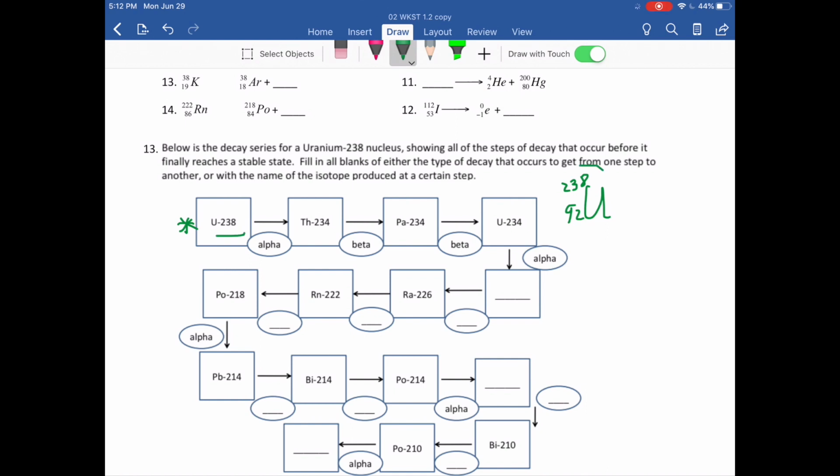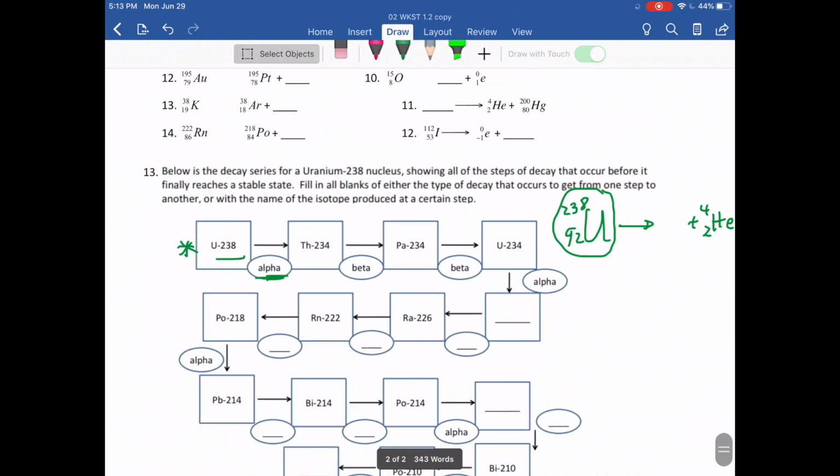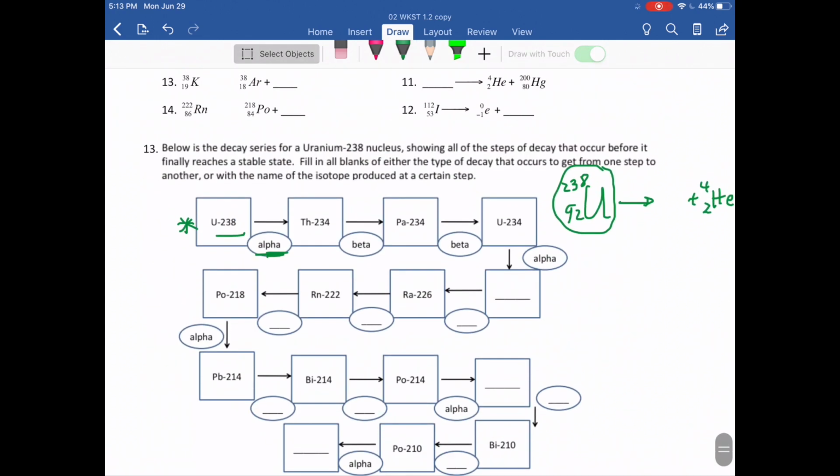So uranium-238, which is this isotope over here, releases an alpha particle, this one here. So an alpha particle, remember, is a 4-2 helium nucleus. So what you need to find out is what comes next. What comes next, in this case, is done, but I'm going to show you why it is thorium. So what you need to do is what we have been doing before.